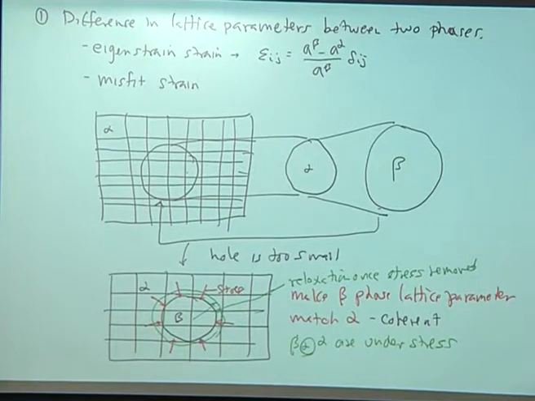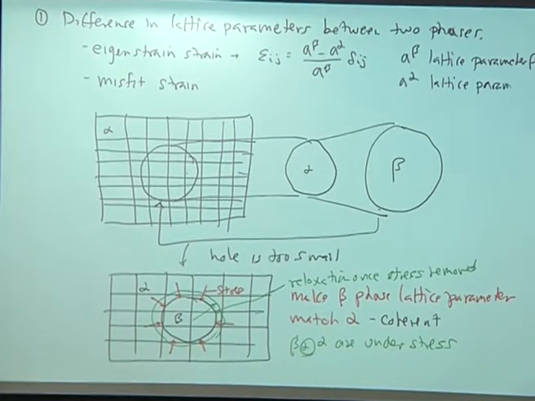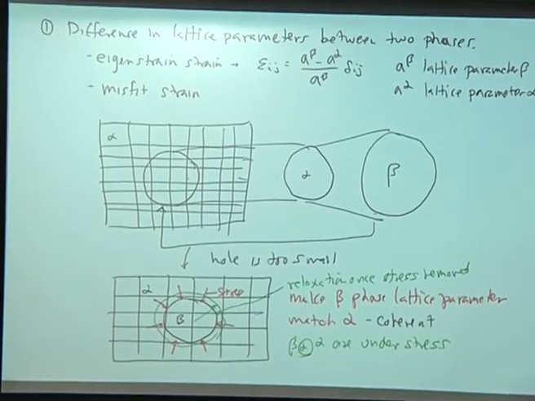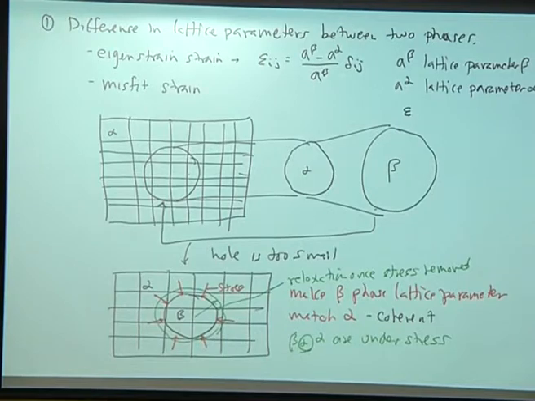It's the same in every direction, and it's given by the difference in the lattice parameter between beta and alpha, relative to that of alpha.